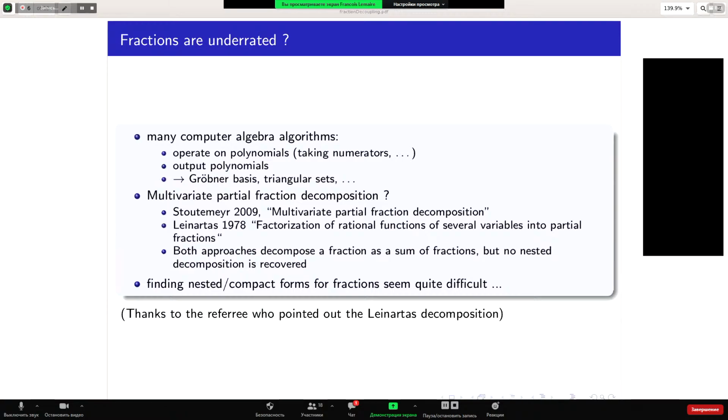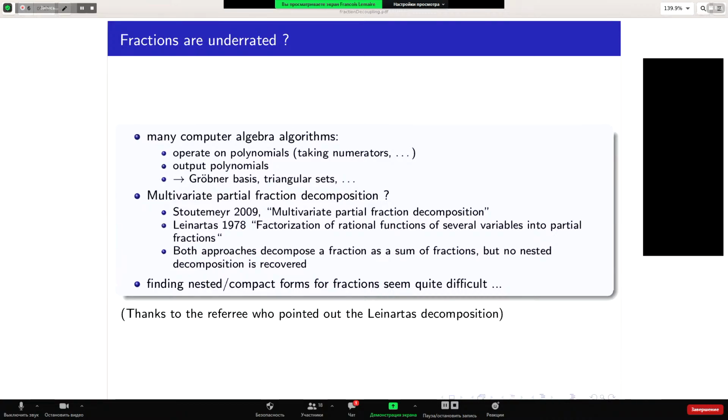And I will also mention some facts about fractions. It's rather a personal feeling, but my feeling is that fractions are a bit underrated in computer algebra algorithms, and many algorithms, in fact, deal with polynomials.